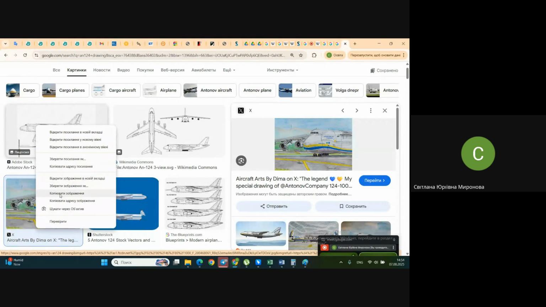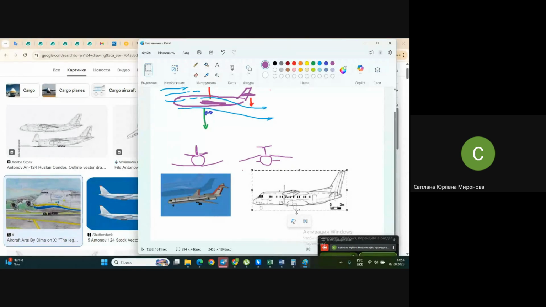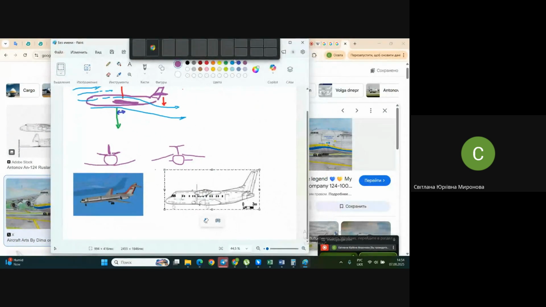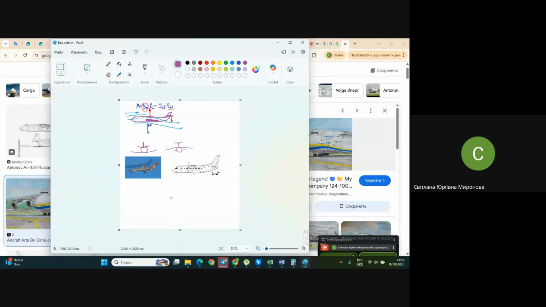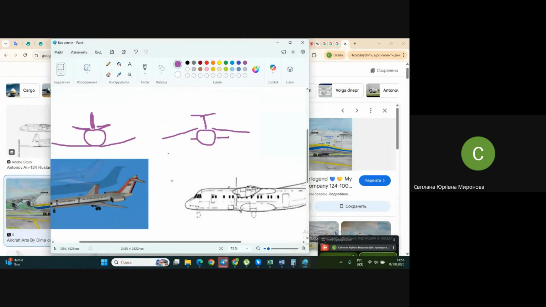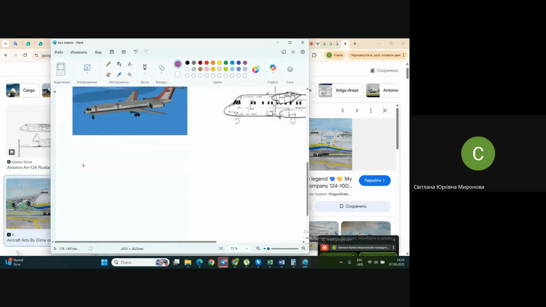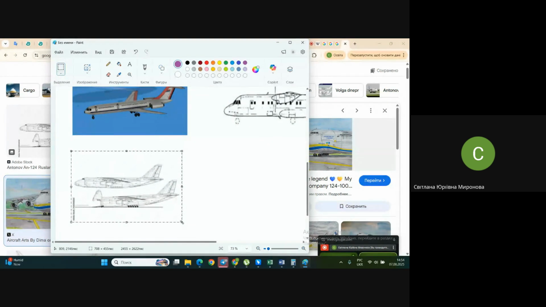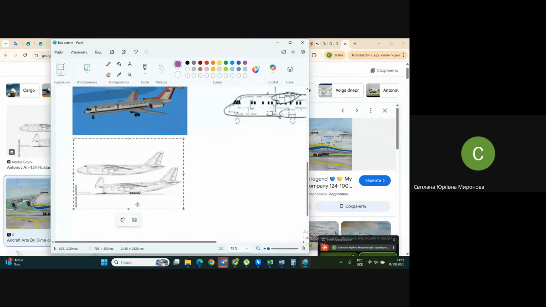Let's copy it and place it somewhere here to compare. By the way, a very interesting picture I have stolen occasionally.